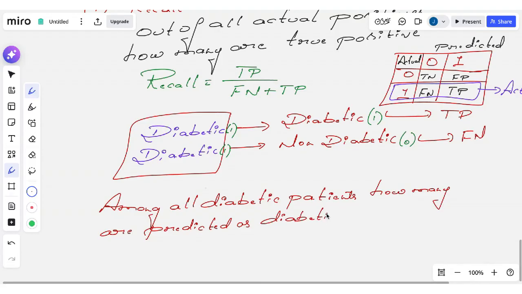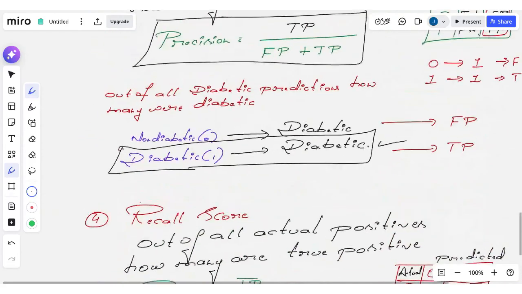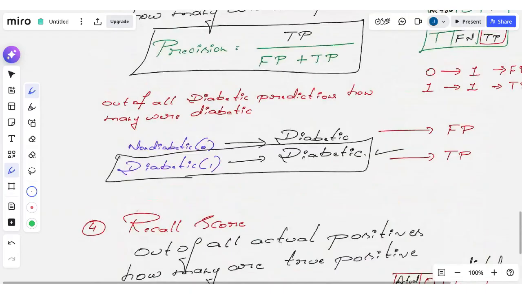Scroll up, please. Out of all diabetic predictions made by your model, we are focusing on predictions. It's P for predictions: precision, P for predictions. Recall for actuals. So I gave prediction first.